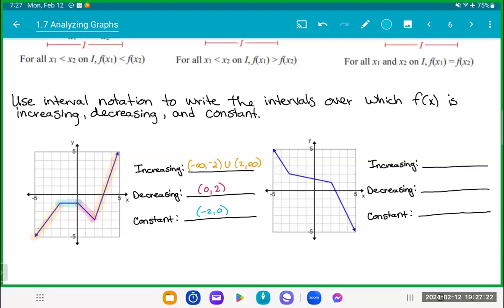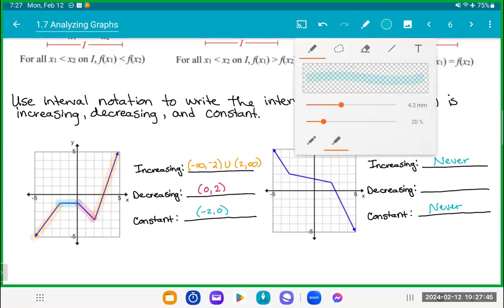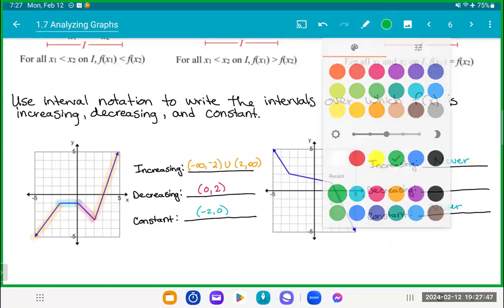All right, so when we look at this graph, we can actually see that at no point in time does this graph increase, right? It never increases, and it never stays constant, okay? Which means that we are constantly decreasing.